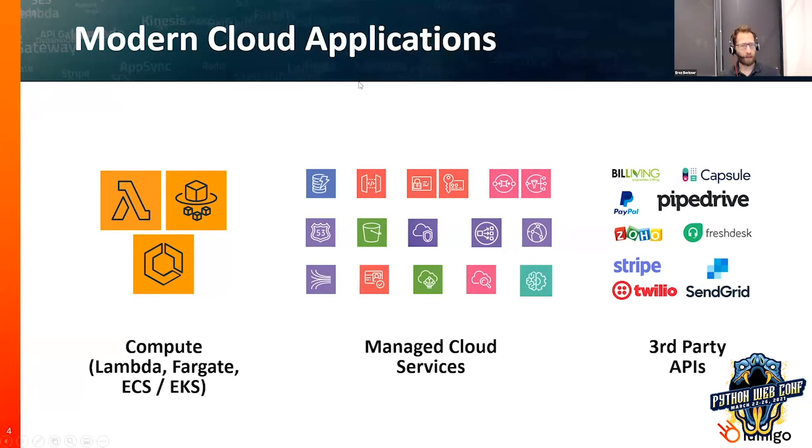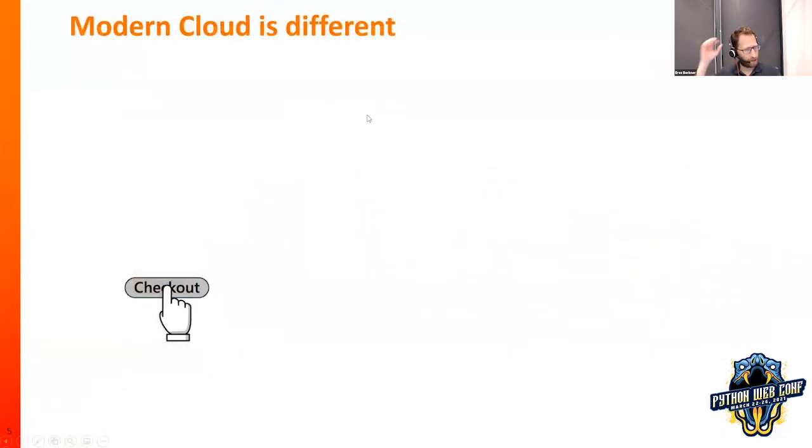So that's what I call modern cloud applications. It's important to understand that this architecture that we see growing in many organizations, startups and big organizations, is actually different. It's not just new services that you combine, but it behaves very deeply differently than the old style server application.